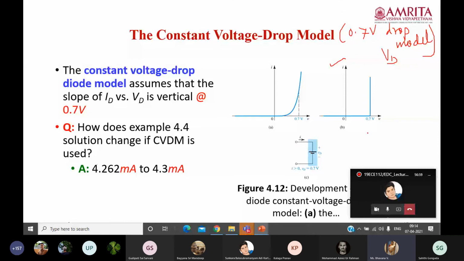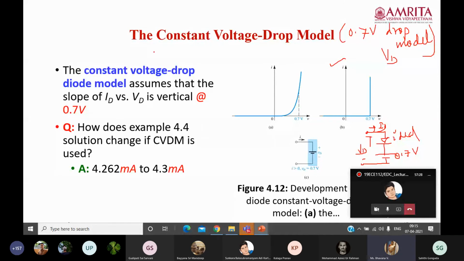This is the equivalent circuit. You have an ideal diode, and you can replace it with a constant drop of 0.7 volt. So this will be the diode current ID, and this will be the diode voltage VD, the total voltage VD.